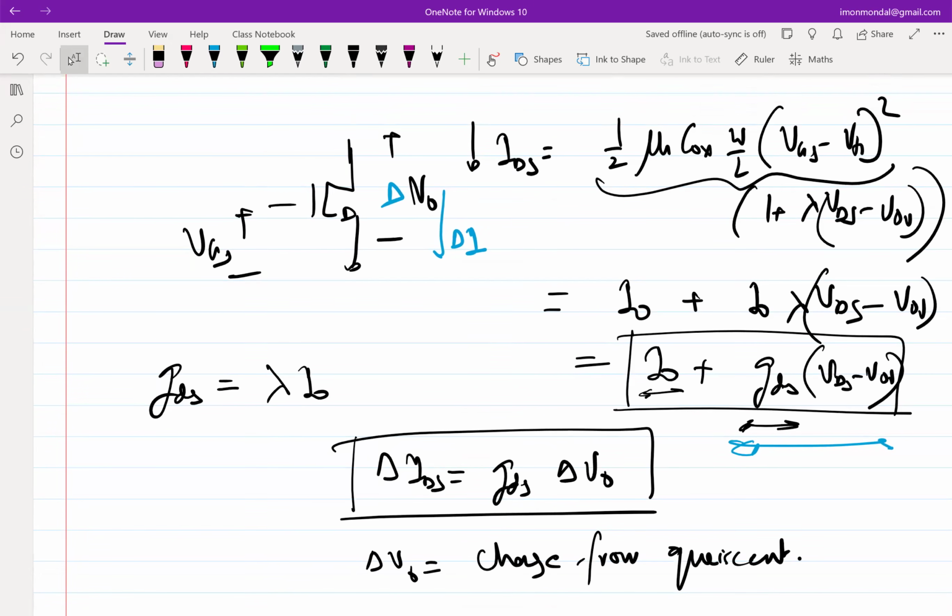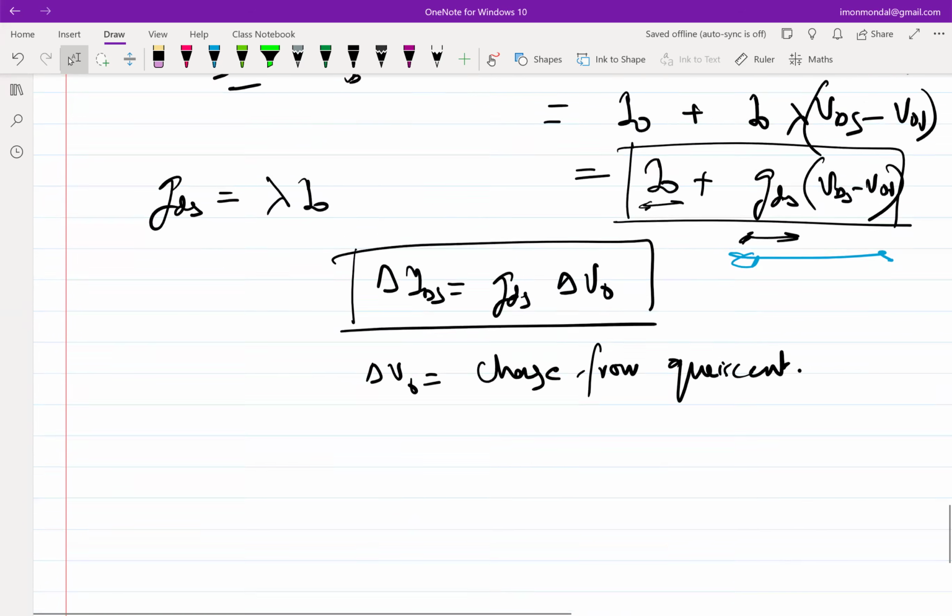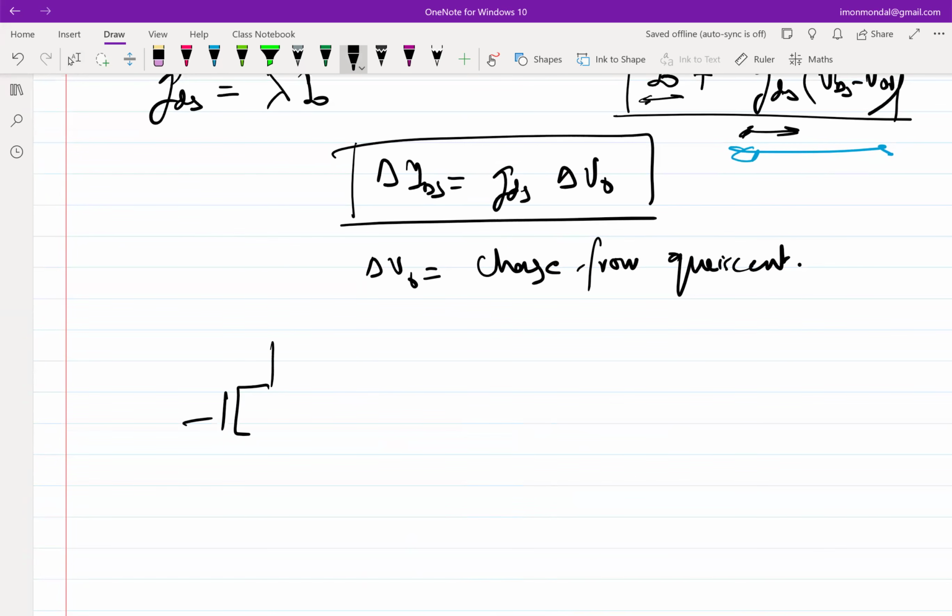Okay, so if you think about it, again, it's a quick recap of whatever I have been blabbering on the last 10 minutes. Let's say you put in an effort and you found out that for this particular configuration, VGS was 1 volt, VDS was maybe 2 volt, and for this case, IDS is 1 milliamp.